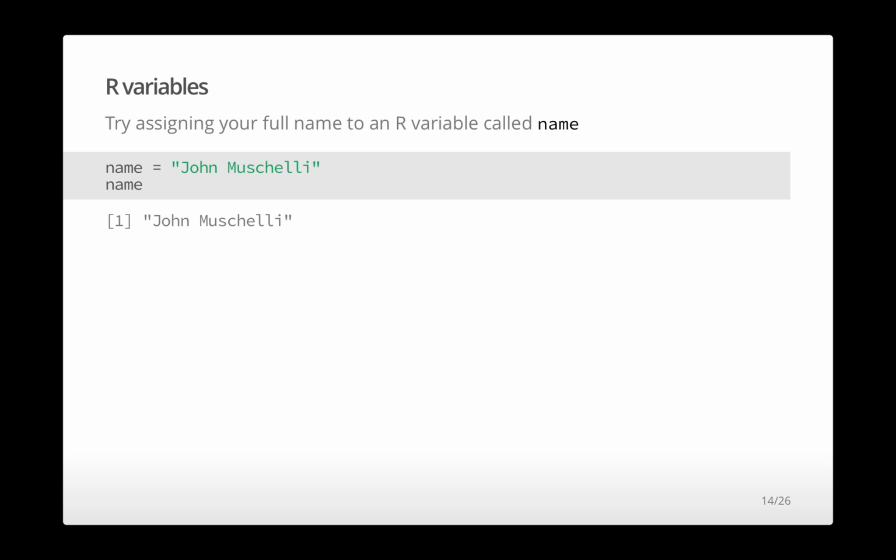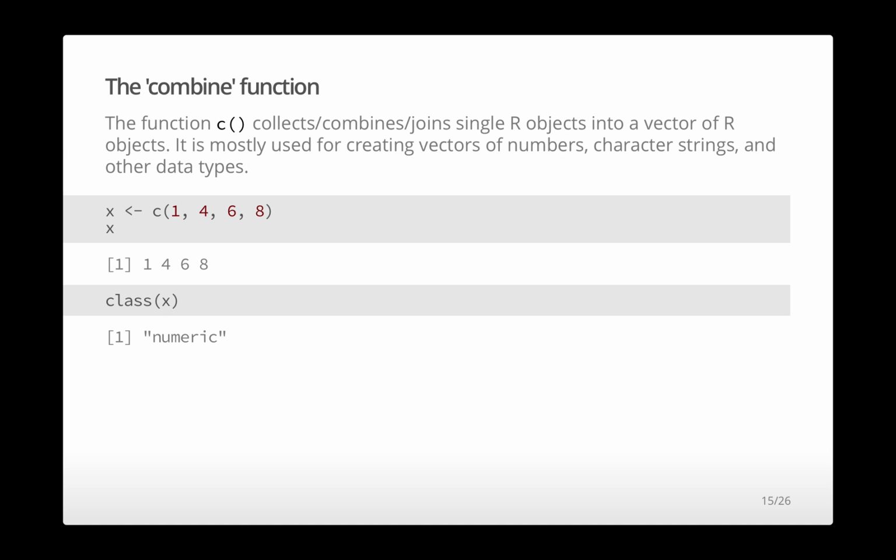So again, name equals John Michelle. If I just write name out, it'll print it out. Again, you have to put quotes around it, otherwise you get an error. If you put single quotes, you'll be totally fine. But again, it's just length 1. There's just one thing in this element, just my name. We're gonna use that in a minute.